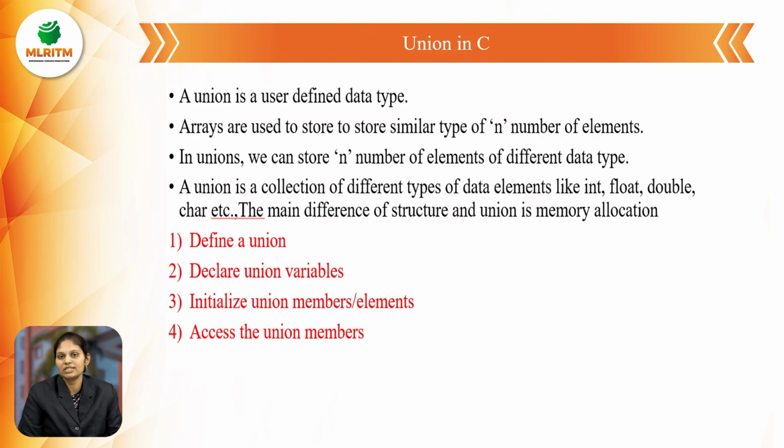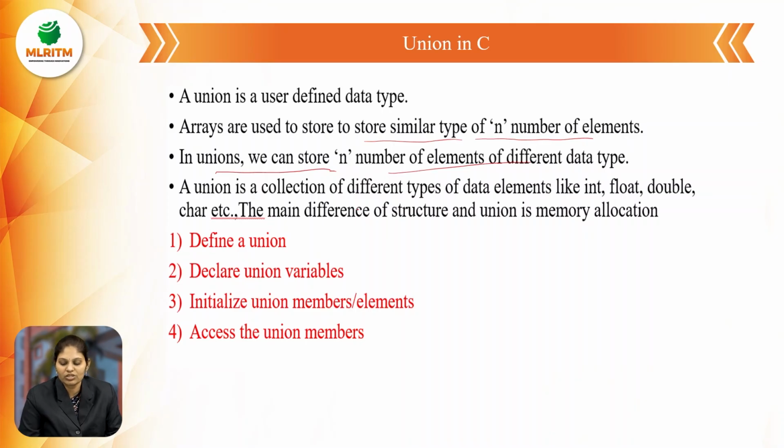And union in C. Like a structure, a union is also a user defined data type. Arrays are used to store a number of elements of a similar data type, and in a union we can also store n number of elements of different data types.